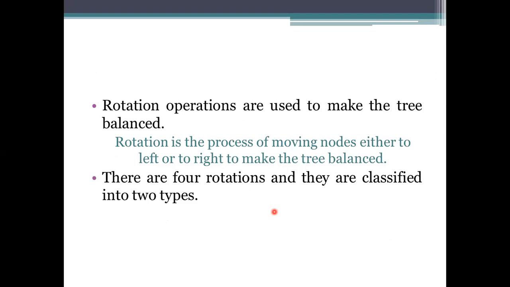The rotation has to be done to place these nodes properly. Here we take a tree and insert some elements, placing them at its right or left. If it is not balanced, it should be rebalanced for that representation.